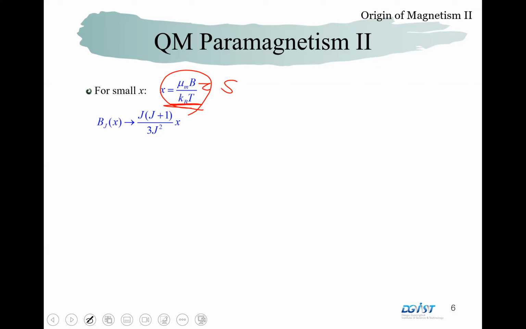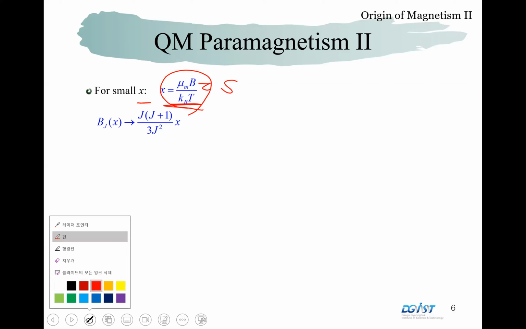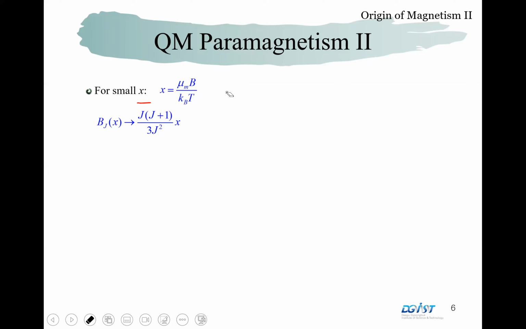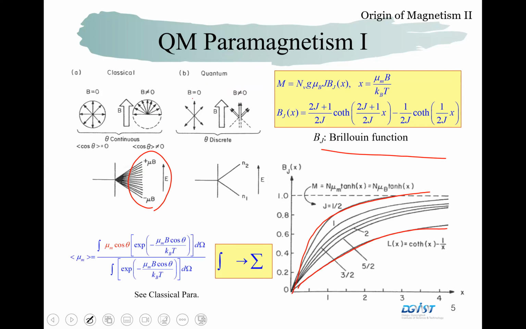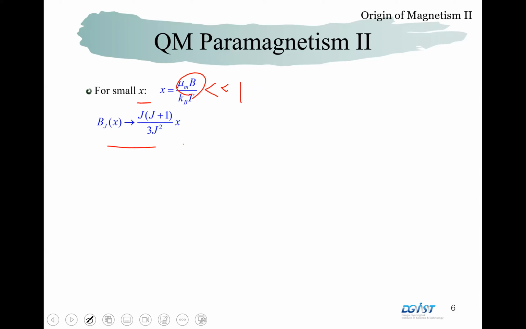Small x means this is small, so the magnetic energy is smaller than the thermal energy. In that case, for this Brillouin function, we can take the approximation because this is small, and we know the approximation of the hyperbolic cotangent, and we got this result.